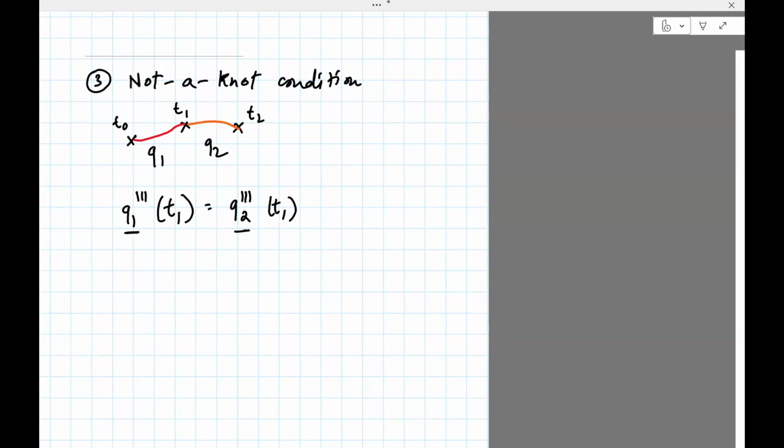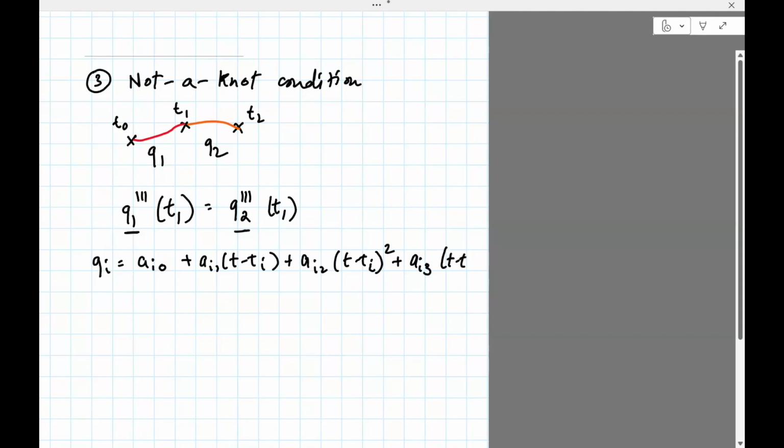So remember Qi is something like ai0 plus ai1 times t minus Ti, plus ai2 times t minus Ti squared, plus ai3 times t minus Ti cubed. If you take the third derivative, the third derivative of the first is 0, the second is 0, and the third is also 0. So you'll only be left with this.